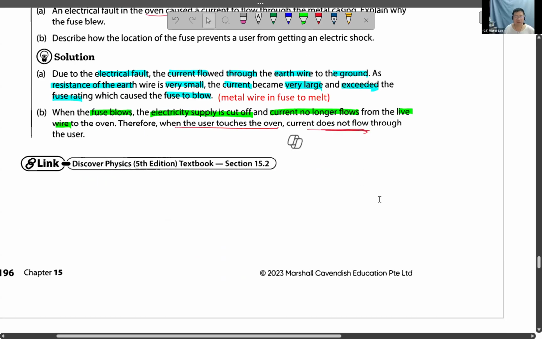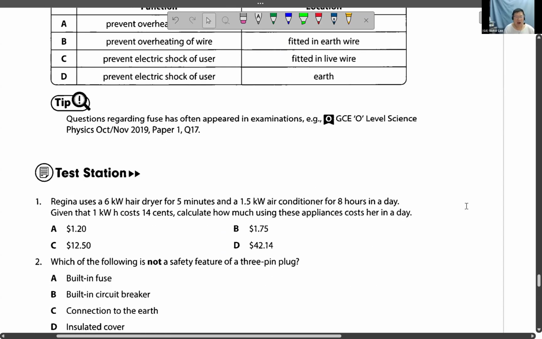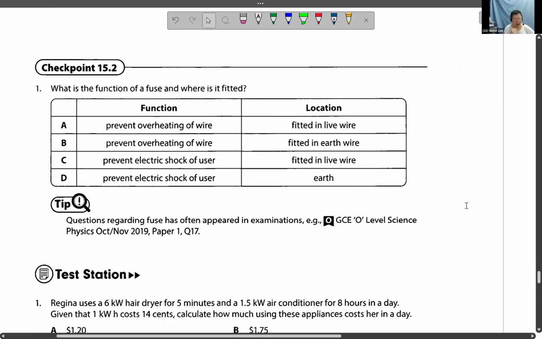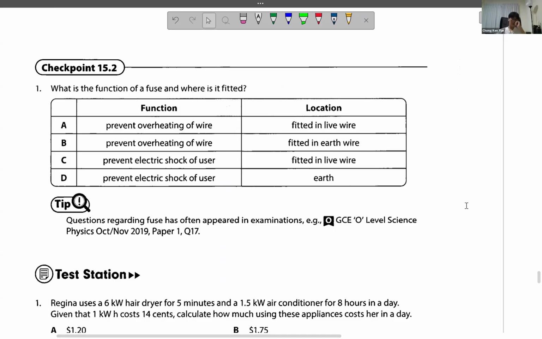All right. Okay, let's try this. Can you tell me the answer for this? Okay, what's the answer for this?